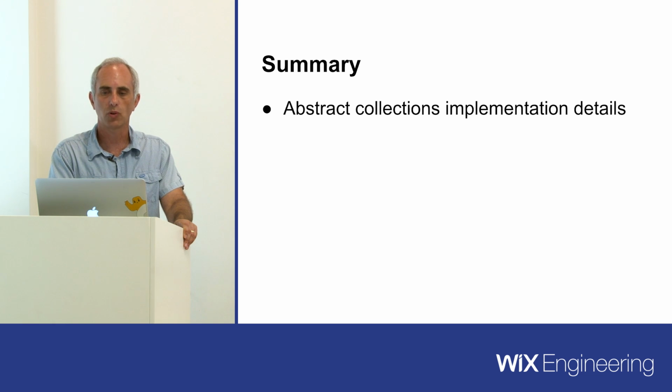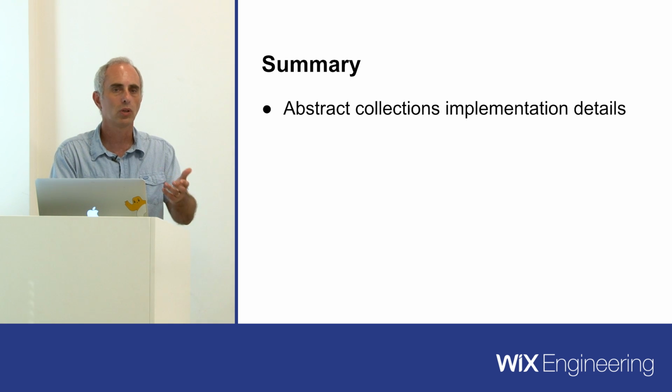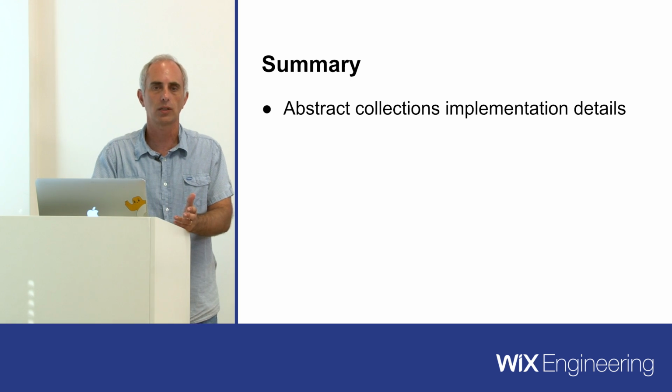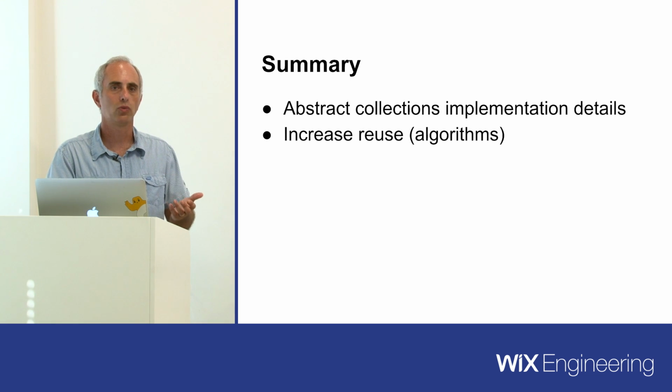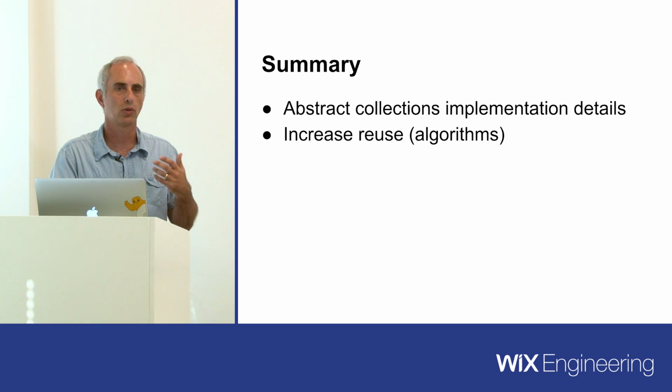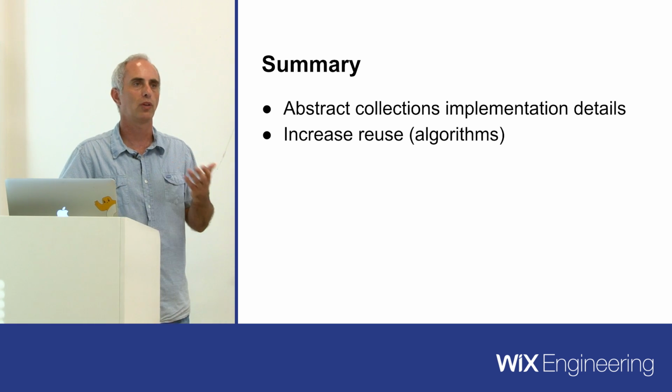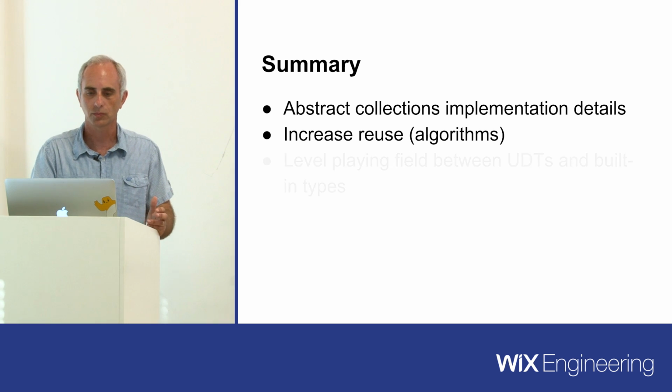So to summarize everything that we've talked about today, the value of iterators is as a means to abstract collection implementations so that we can use either our own collections or built-in collections exactly the same way. And as a result, we increase code reuse because we can use existing algorithms or algorithms that we develop on top of whatever collection we happen to have.